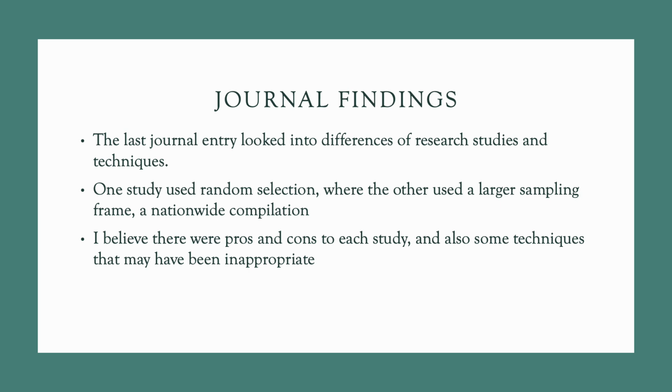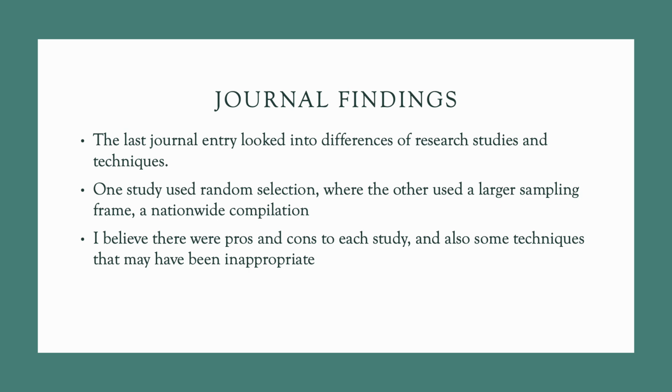These studies reviewed a New Jersey study to one in Pennsylvania, and there were definitely stark differences. For example, in New Jersey, they selected random individuals that were all entering the same toll. In the other study, however, they used a much larger sampling frame that used data and compiled an estimate nationwide to get these kinds of numbers and results.